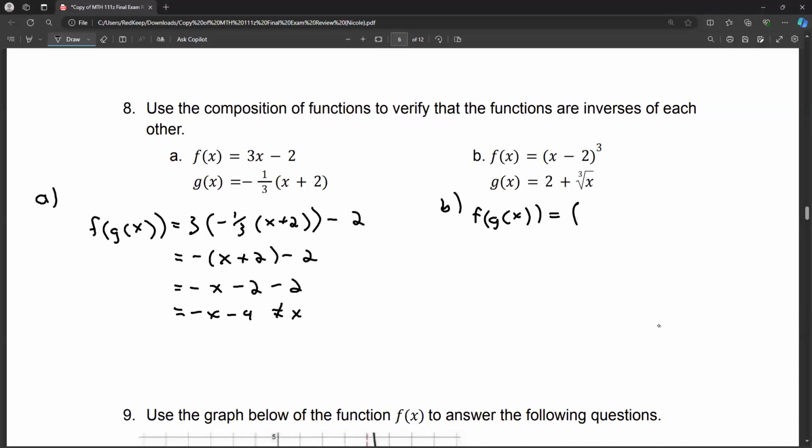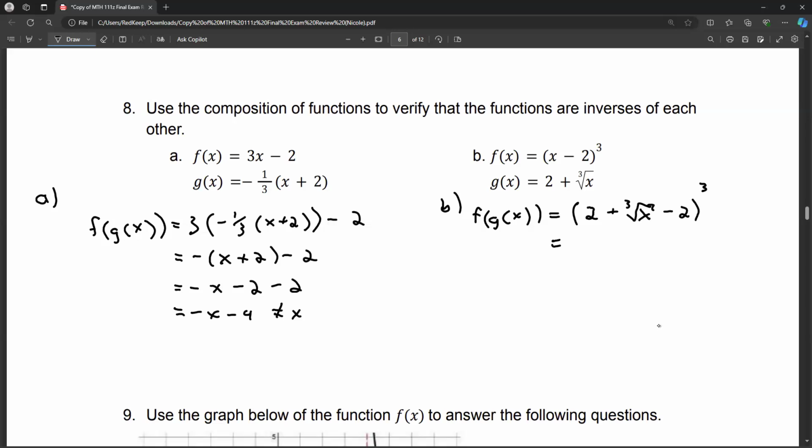So instead of x, I'll plug in g, which is 2 plus the cube root of x, minus 2. All of this is cubed. I can combine the 2 with the minus 2, which equals 0.